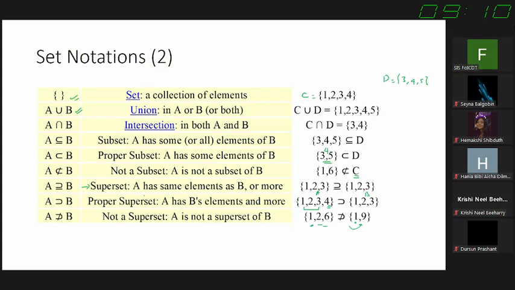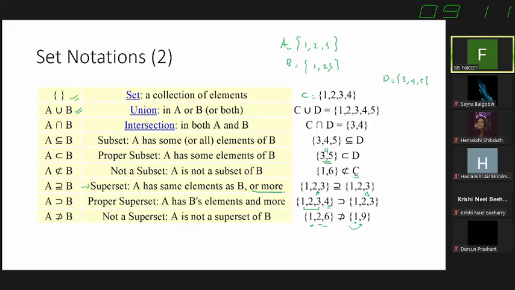For a superset, A has elements of B. So if A is equal to 1, 2, 3, and B is equal to 1, 2, 3, right? Let's keep it simple. A has the same elements as B or more.